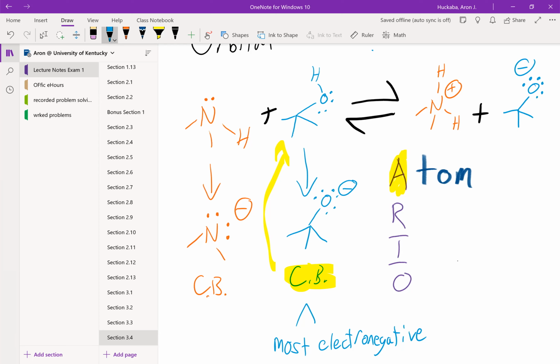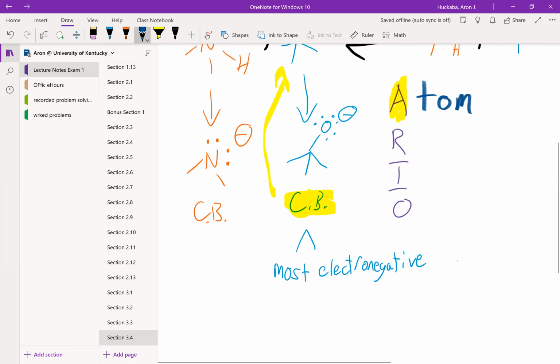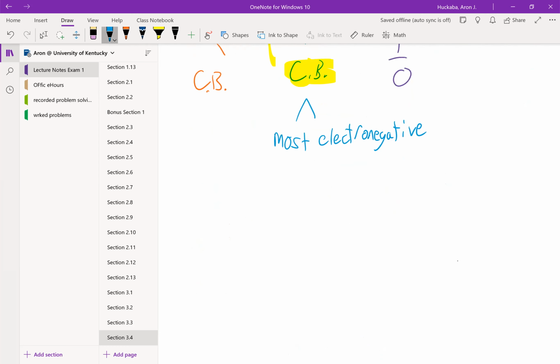And we know this happens by the nitrogen's lone pair taking the proton and the electrons coming back to the oxygen. Okay, great. So that's A for atom. But what about if we have two molecules like this?